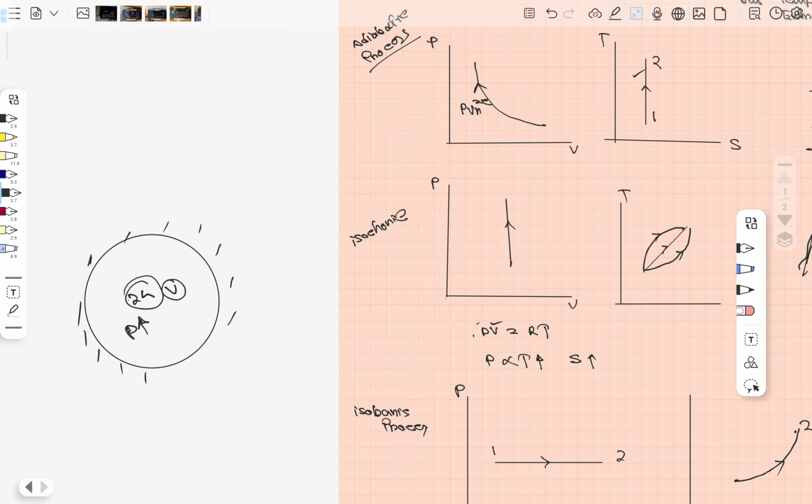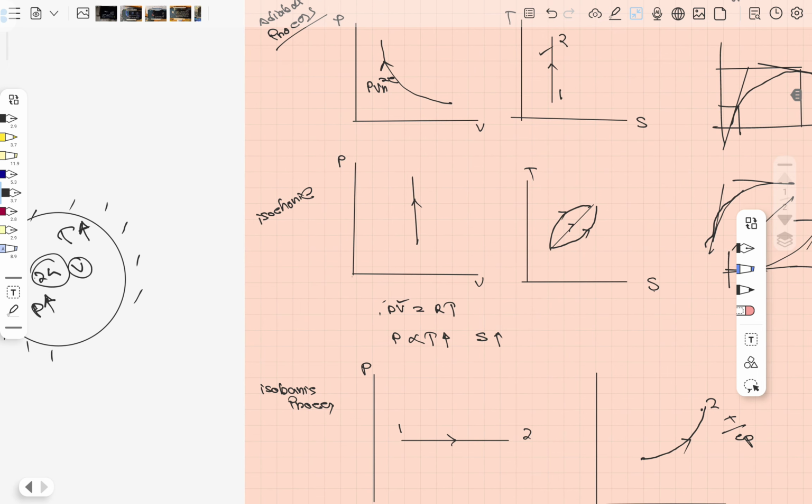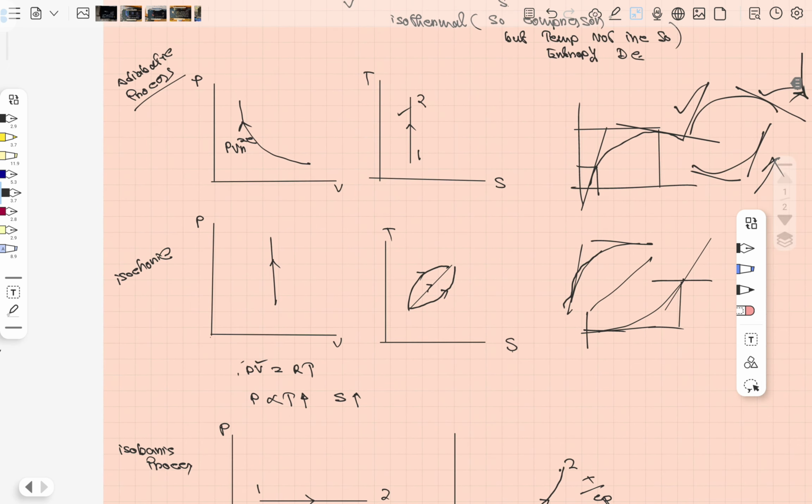The volume can't increase, the container can't change. So we have to compensate with the temperature. The temperature would increase, which means entropy is increasing. So that's why the proper line for this would be this line.